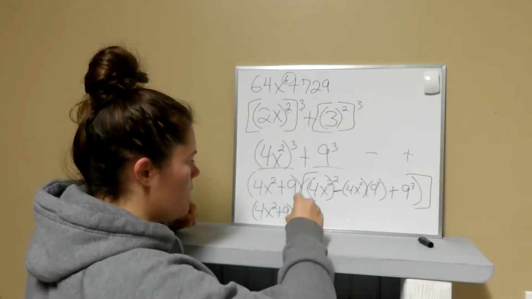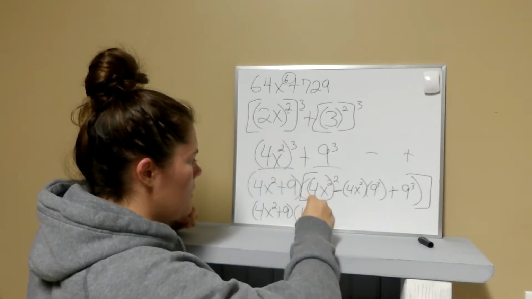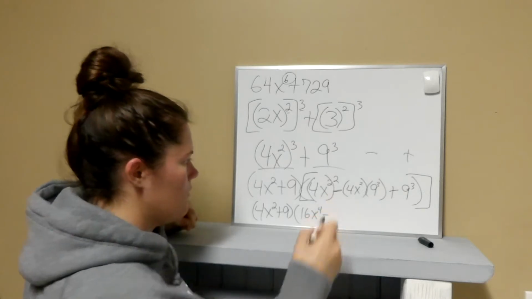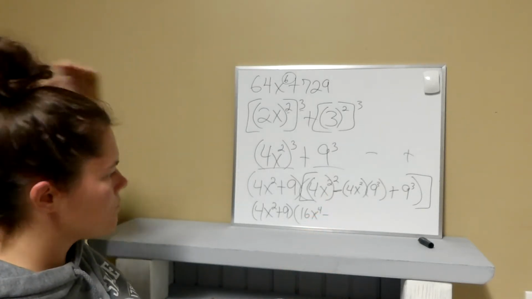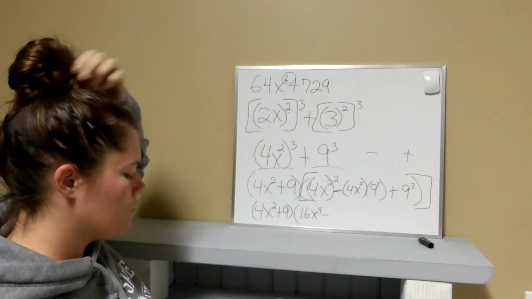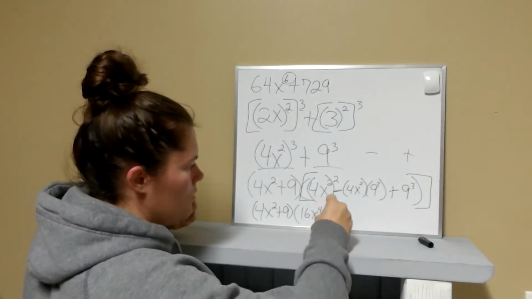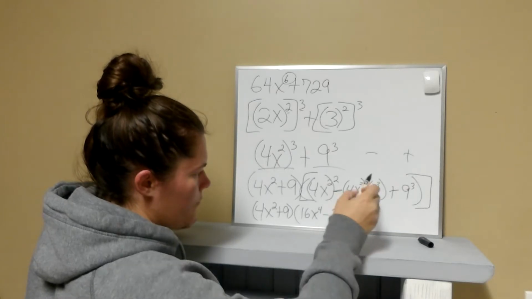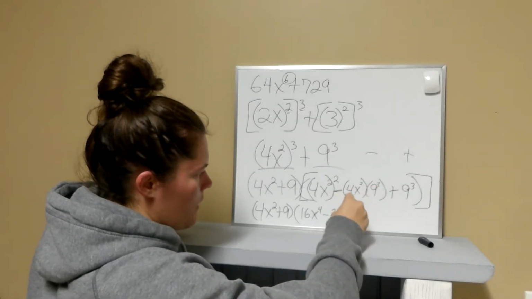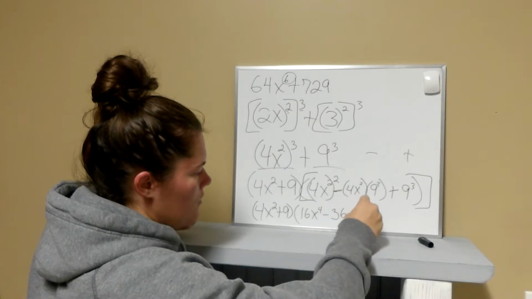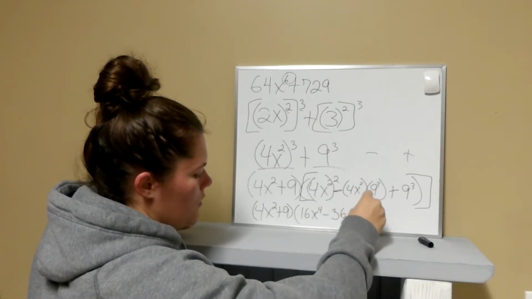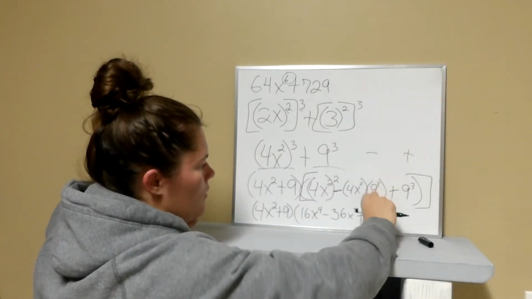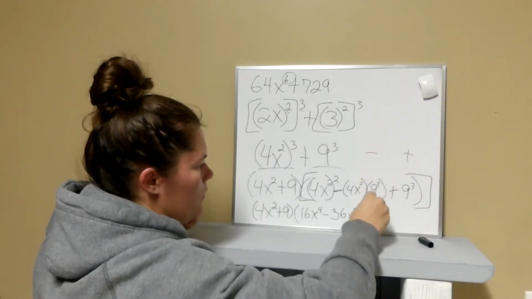So 4 squared is going to be 16, and then x to the 4th power minus 36 x to the 5th power plus 9 cubed, or you could put 81.